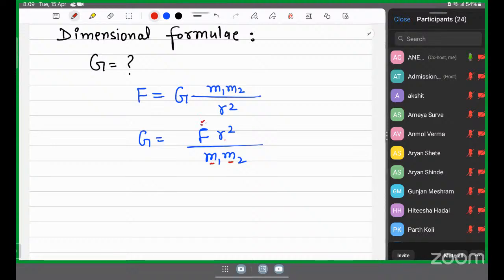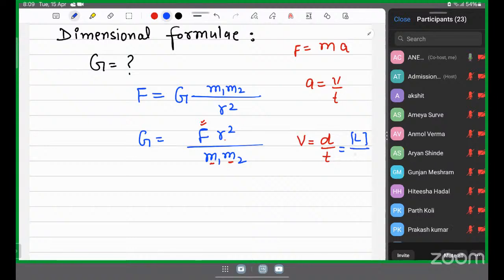Dimension for mass is M, dimension for distance is L, but we have to find out dimension for force. Force F is mass times acceleration, and acceleration is velocity upon time, and velocity is displacement upon time. So what will be the dimension for displacement? Displacement is shortest possible distance. So dimension will be L, and for time we have T. Dimension for V will be LT minus 1.